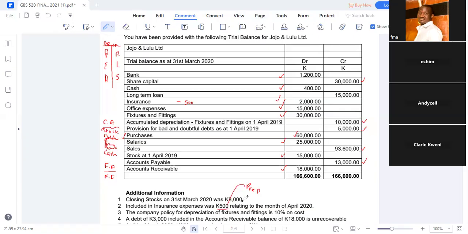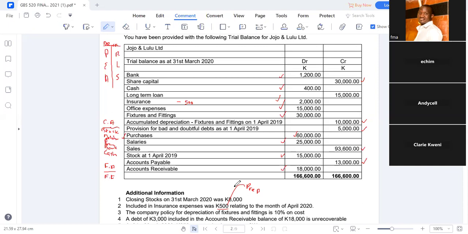So this will go into our trading account as our closing stock, then it also appears in the balance sheet as a current asset. Okay, so that is it.